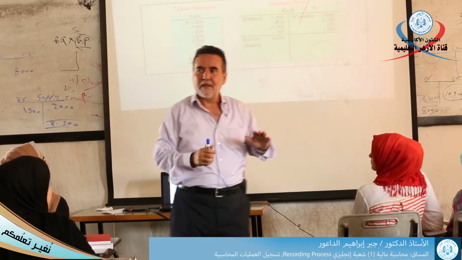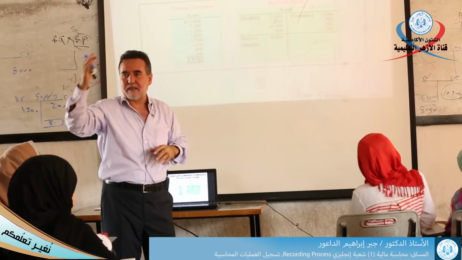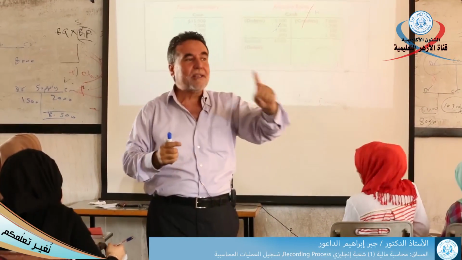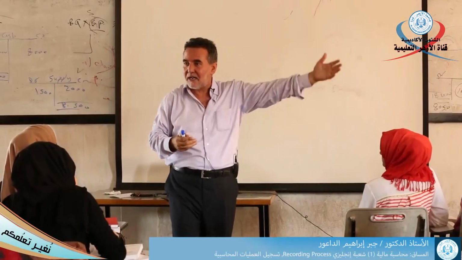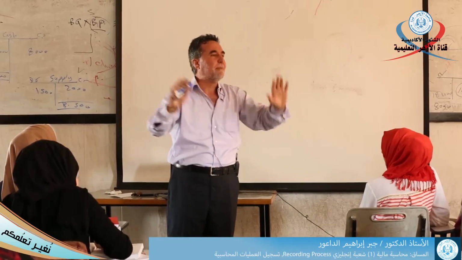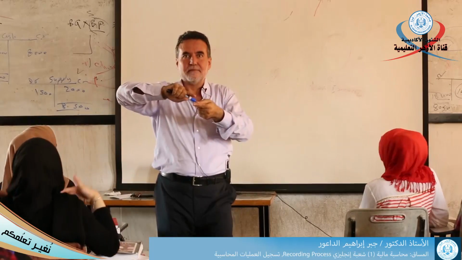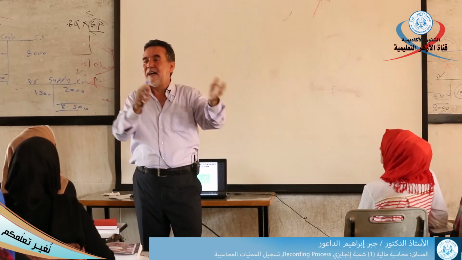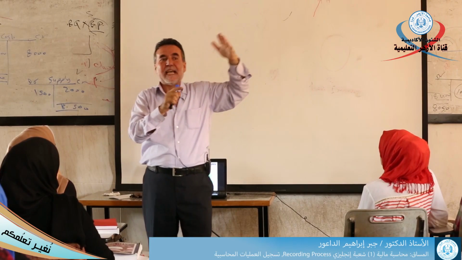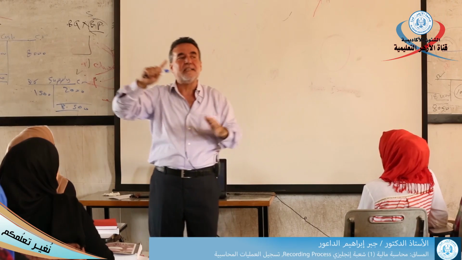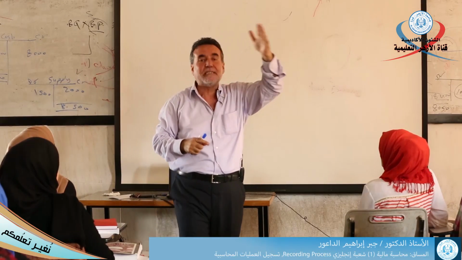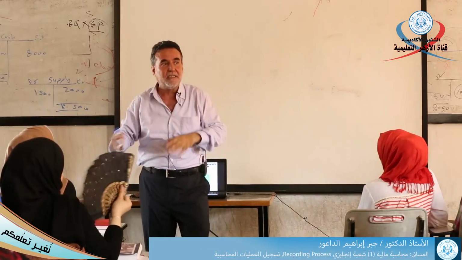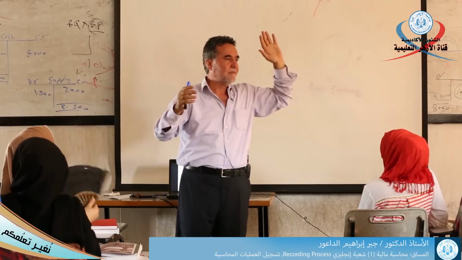So, if the total amount of DR is more than the total amount of CR, the balance will be debit. لكن if the credit side is more than the debit side, the total amount of the credit side more than the total amount of the debit side, the balance will be a credit. Okay?